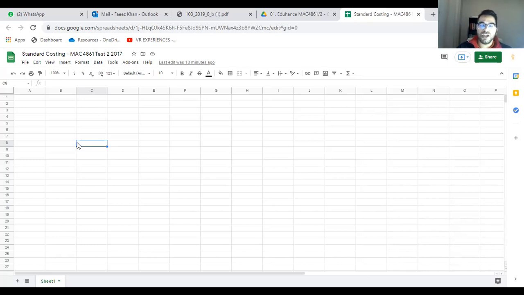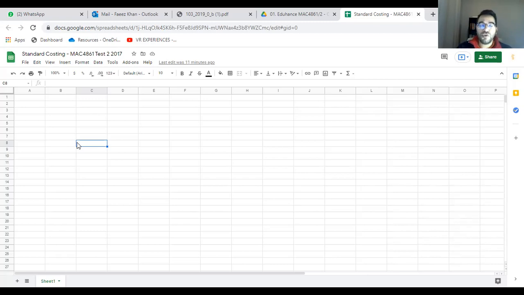If you compare actual to the original budget, which we call the static budget, there is certainly going to be a variance, and basically the variance is going to be useless. The variance is going to be meaningless because you're comparing a budget based on 1 million units versus actual based on 1.2 million units. So as you can see, there's definitely going to be a variance. So analyzing the variance is useless because you're not comparing apples with apples.